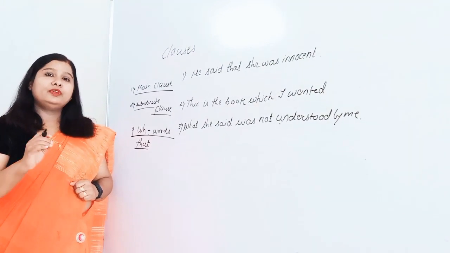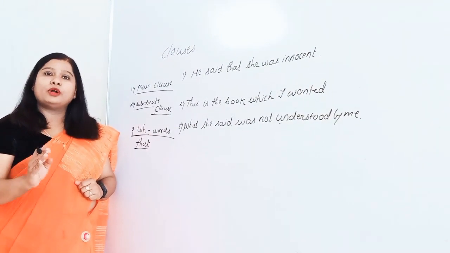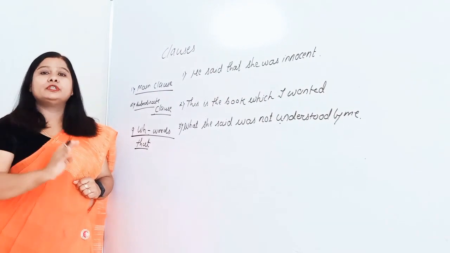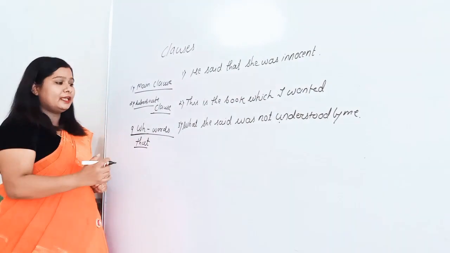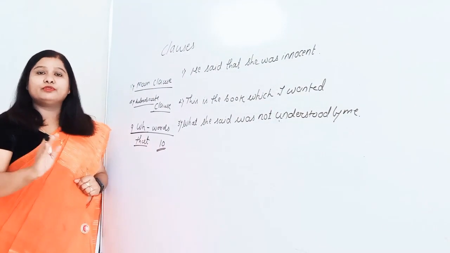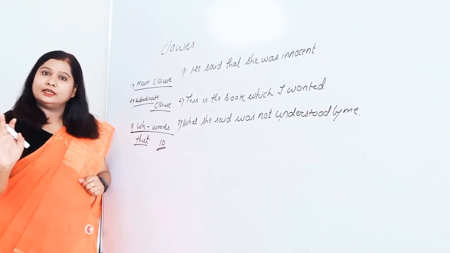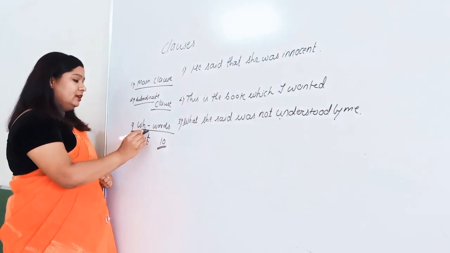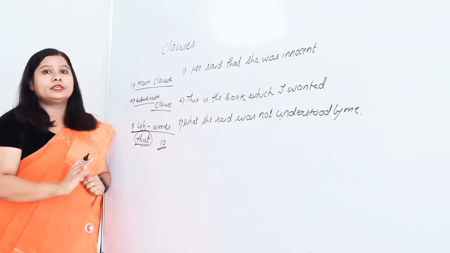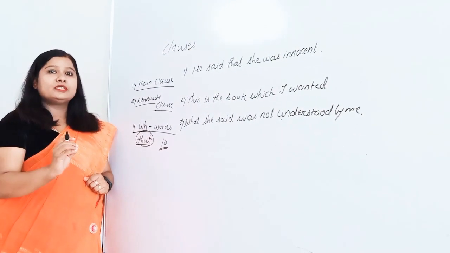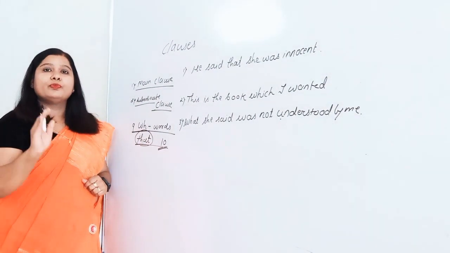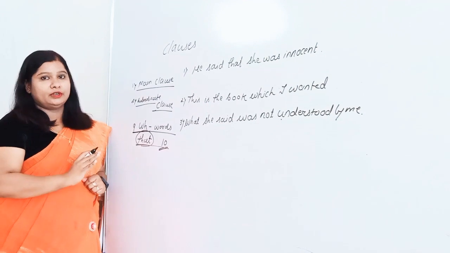Students, if we see the list of subordinating conjunctions, it is bigger. Many words are there. But for the time being, you are going to keep in your mind total 10 words: 9 WH words and 1 that. The part of the sentence which will begin with these 10 words is called as subordinate clause.